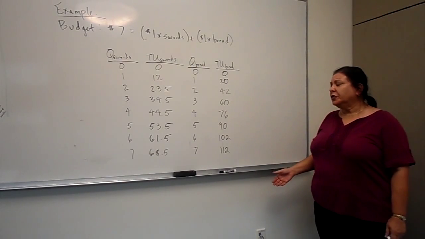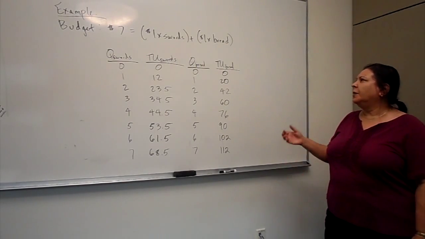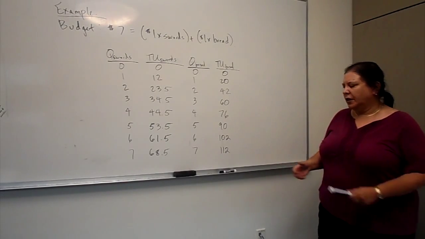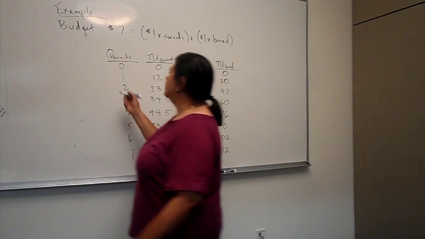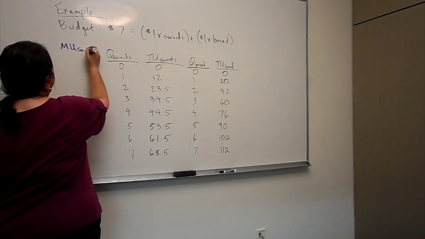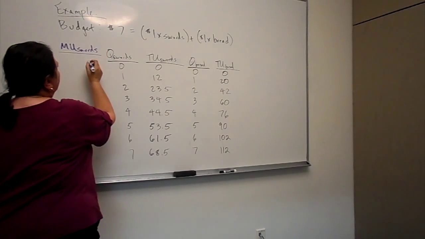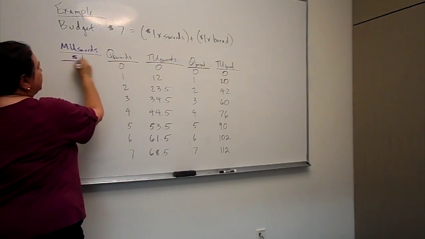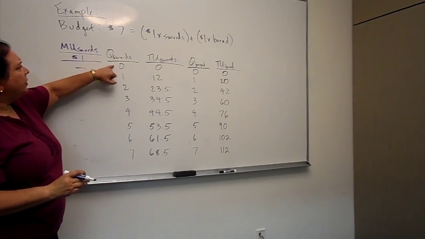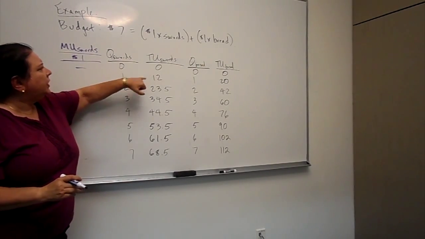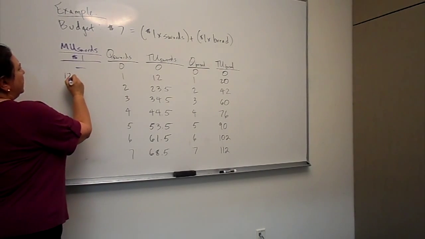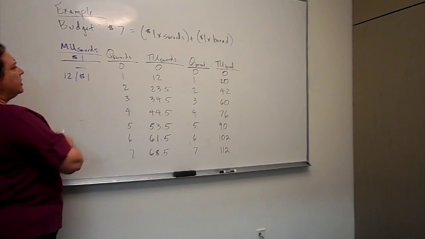The first thing we do is find the marginal utilities for each good. So the marginal utility of swords divided by the price, which happens to be $1: when you go from 0 swords to 1 sword, your utility goes up by 12, so the marginal utility is 12. Then you divide it by the price.